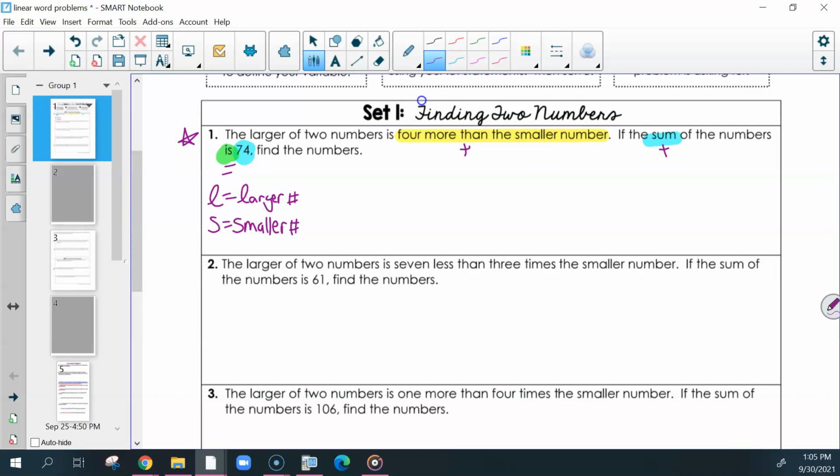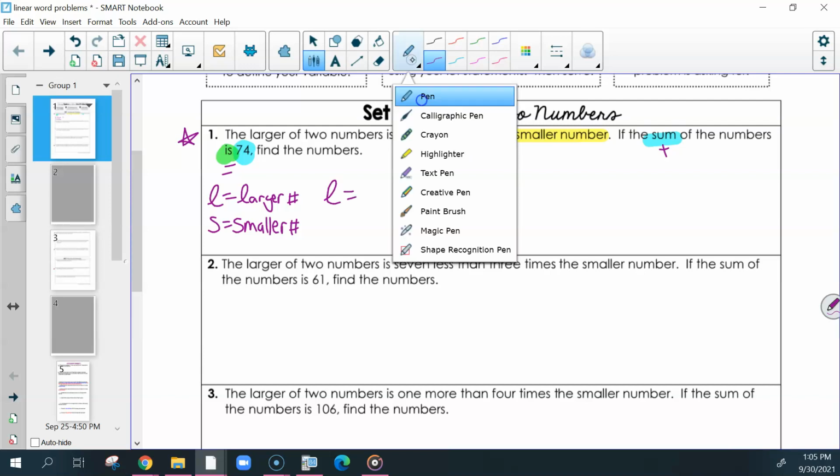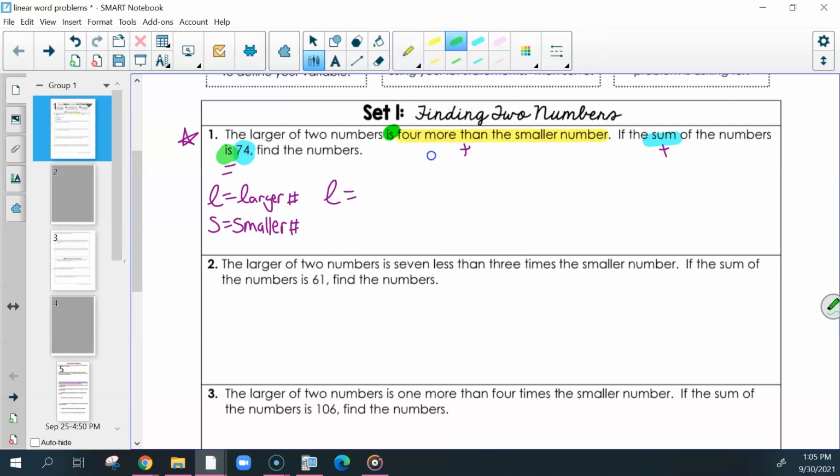Okay. So we know that the larger number is, I didn't highlight that word either, 4 more than the smaller number. So that's what I know about the larger number.